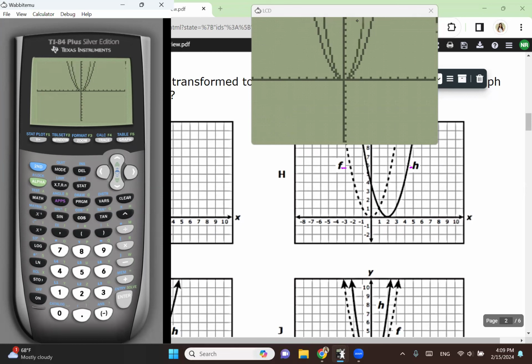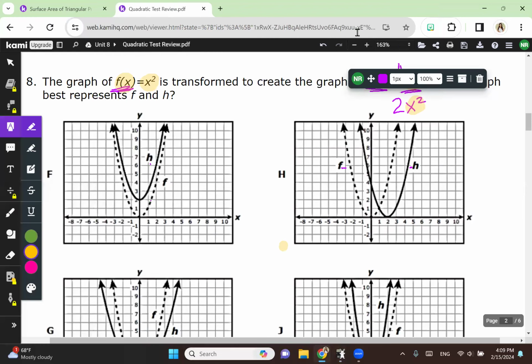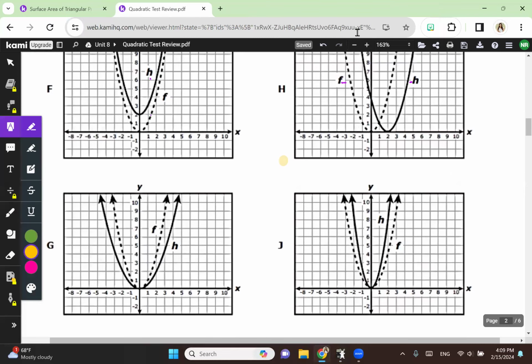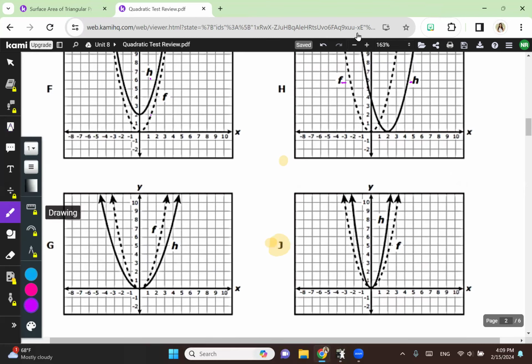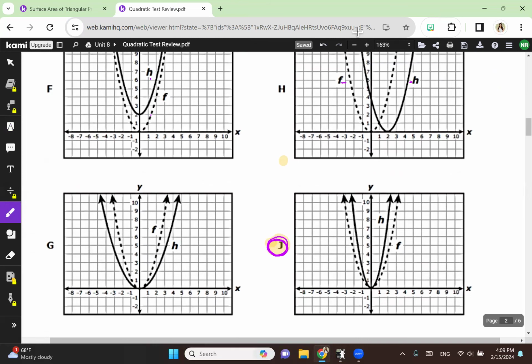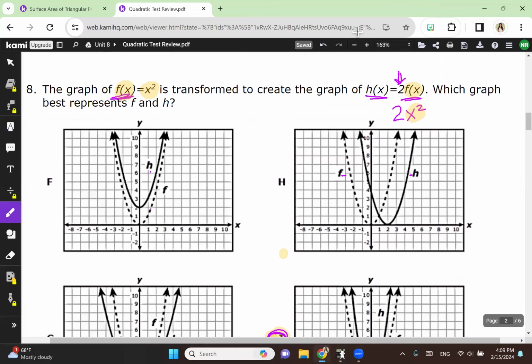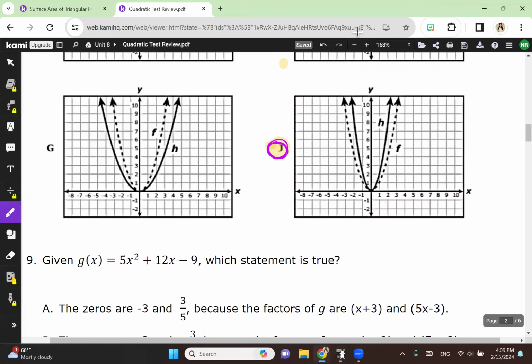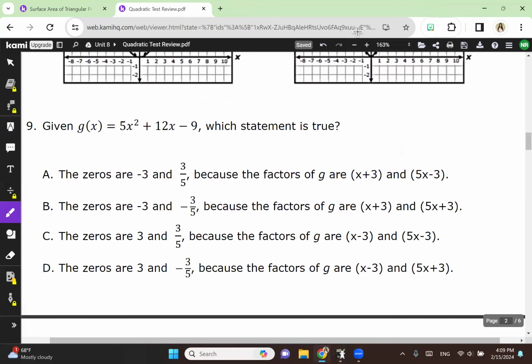And the second one is inside of it, so it got narrower. So going from dotted to solid, J is the one where it got narrower. Okay. If this 2 is greater than 1, it's going to get narrower. If it becomes a fraction, it'll be wider.